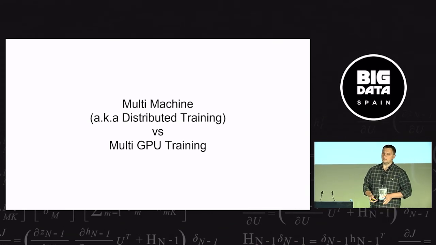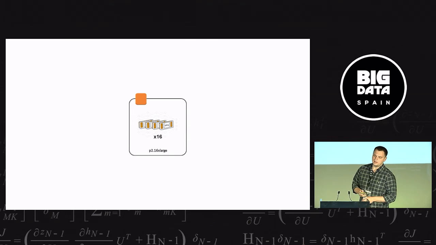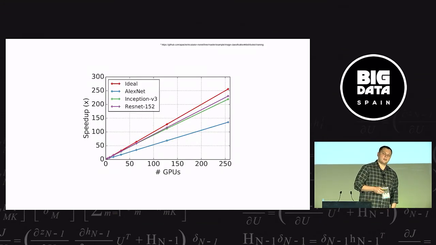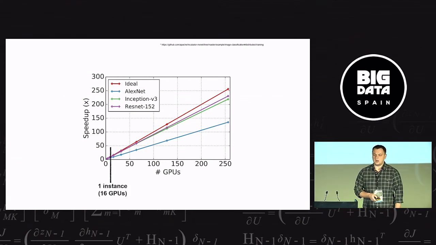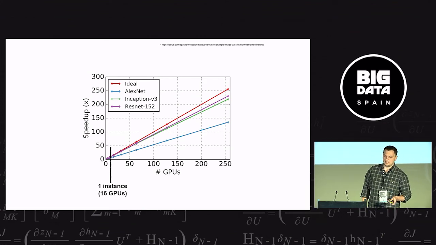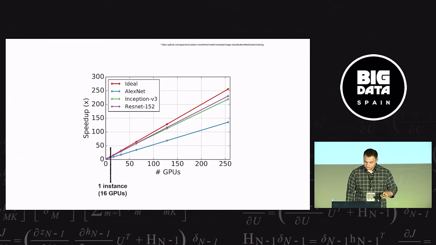So if you're running local training on one machine, for the sake of this presentation, let's say a P2 16xlarge, the EC2 instance type that has 16 K80 GPUs, you're already doing multi-GPU training because your deep learning framework probably consumes all of them. This means that if you're running non-distributed, one machine, local, but multi-GPU training, it puts you on this graph somewhere right here. So you're already doing something that is more than zero.